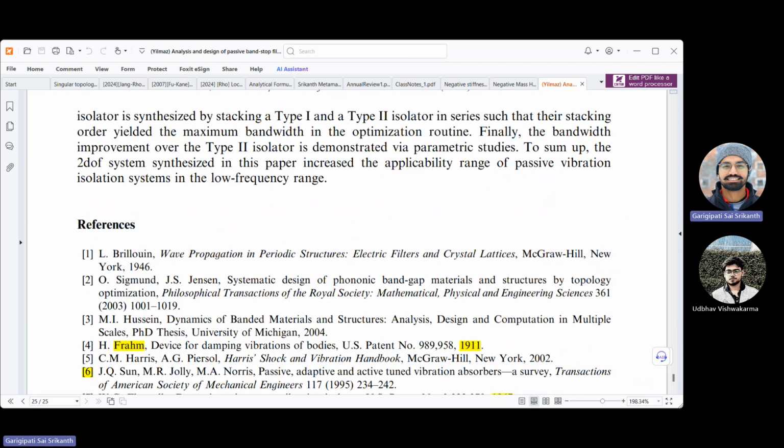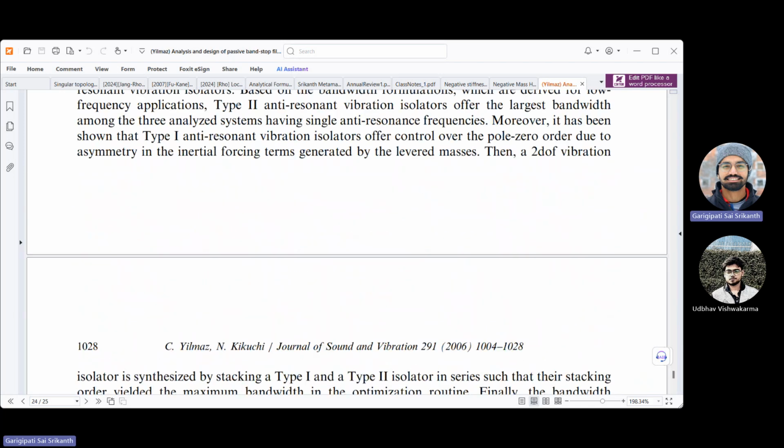Yeah. So this is the paper again. So the idea broadly is that inertial amplification is basically about using certain lever arm constrained mechanisms which do not actually increase your degrees of freedom.